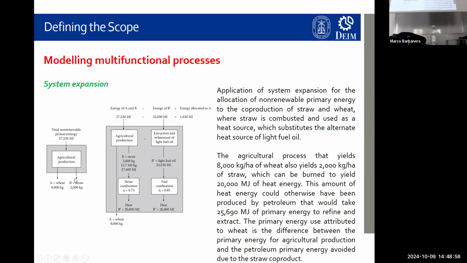In this case, for example, we want to apply the allocation approach according to the mass content of these products. The calculation is quite easy for this reason. First of all, we have to calculate the environmental impact due to the agricultural process. For example, if we refer to the climate change impact category, we have to calculate the greenhouse gas emissions due to the different agricultural steps in order to produce wheat and straw.